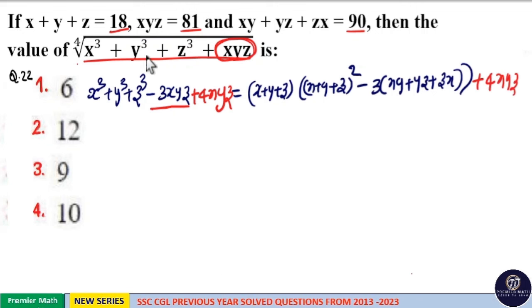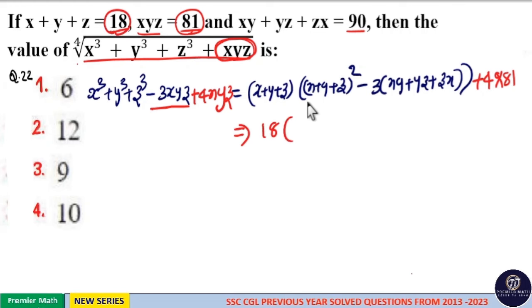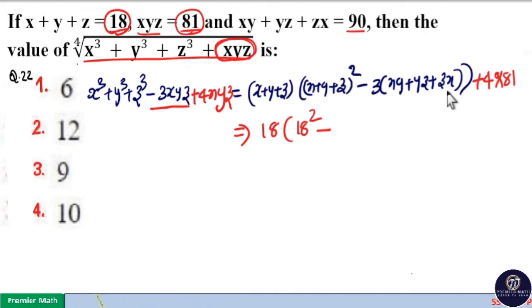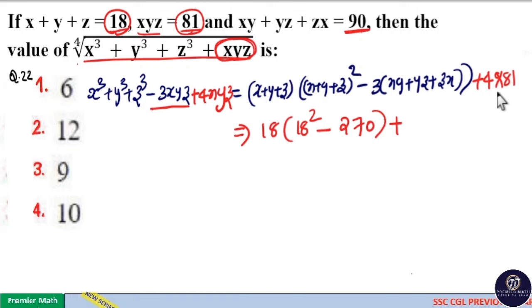Instead of 4xyz, add 4 into 81 because xyz is 81. Now this is equal to x plus y plus z, which is 18, and x plus y plus z square is equal to 18 square minus xy plus yz plus zx into 3, which is 3 into 90. So 3 into 90 is 270. Now the remaining is plus 4 into 81.